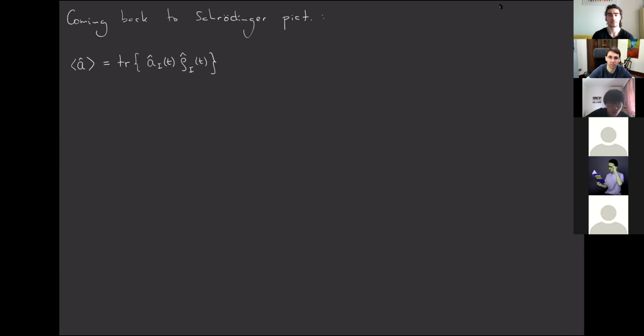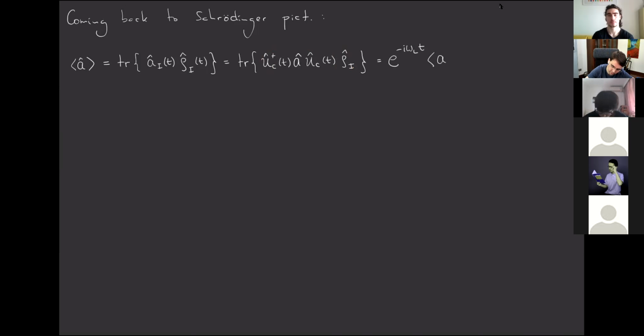And at the same time, the intermediate picture operator is just U_C dagger A U_C. But we also know how this operator transforms, just with this simple phase. So in particular, we get the rotating phase, but then we get the same operator A.